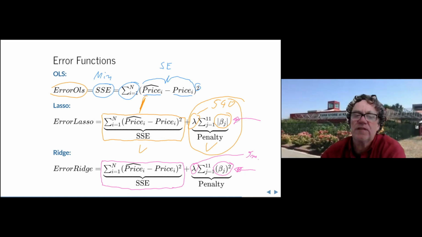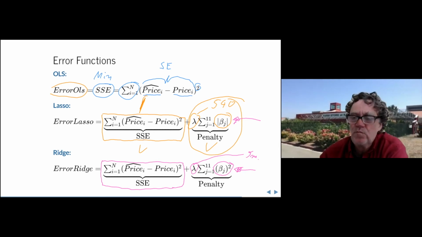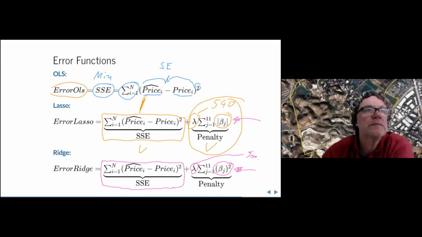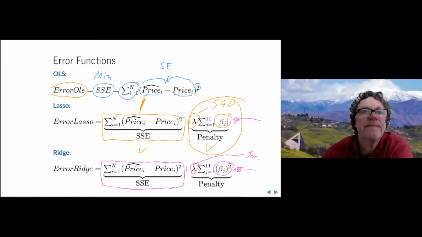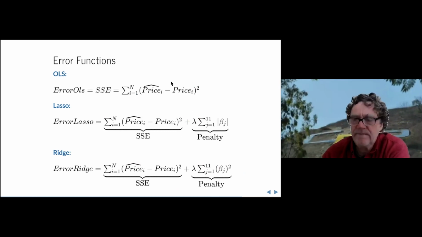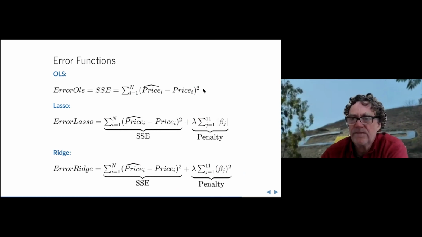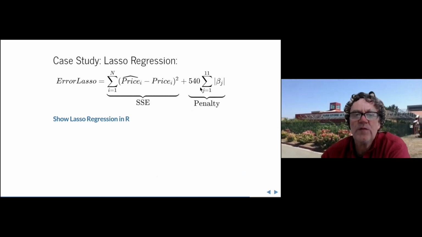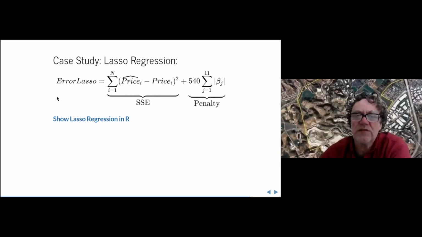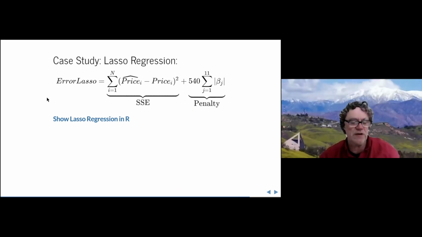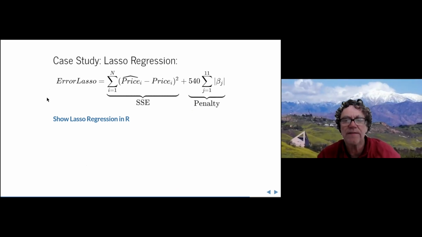These are the differences between the two. Okay, then why don't we do it? Let's clean up first. And what we're doing is we do a lasso regression. You can imagine that a ridge regression would work very similar, and I do it with you in R.